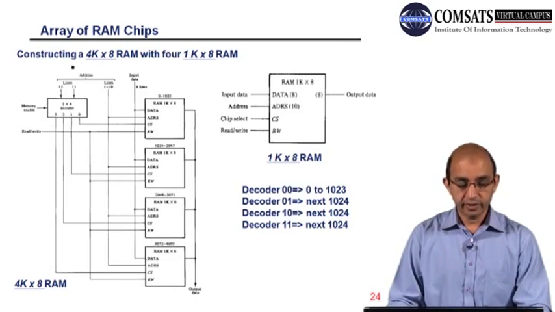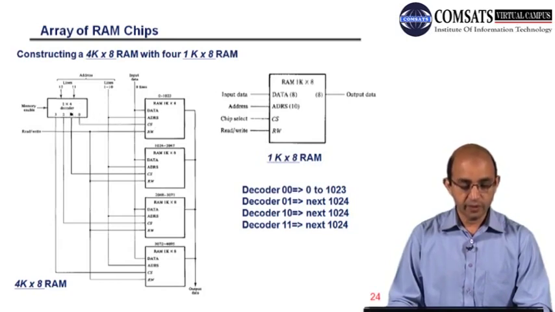So this is a 4K into 8 RAM with 4 RAM chips of size 1K into 8. And here we have read write, and you can see that the same read write is attached to each unit. And this is the chip select, and this is again the chip select. Whenever we have 00, this 0 is enabled and this chip is selected.